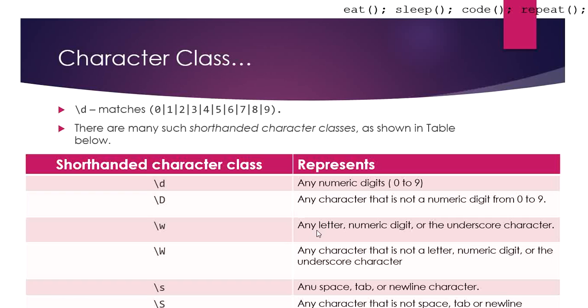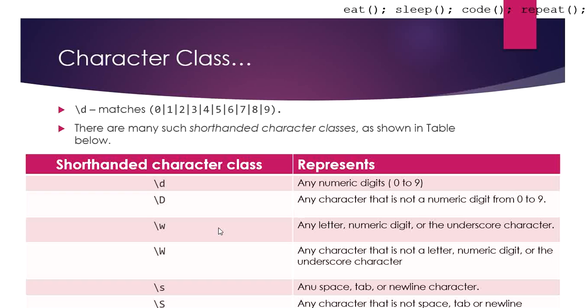Similarly we have uppercase \W, which matches any character that is not a letter, a numeric digit or an underscore. Similarly for backslash s and backslash capital S. Backslash small s gives any space, tab, or new line. Similarly, capital S is anything but a space, tab, or a new line.